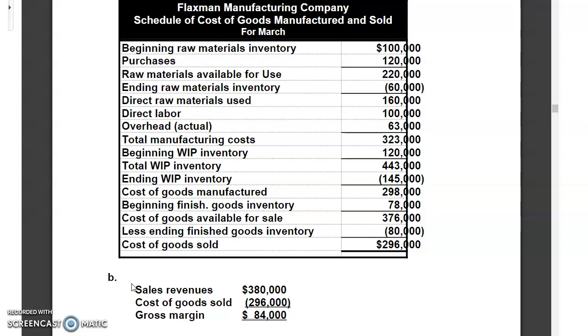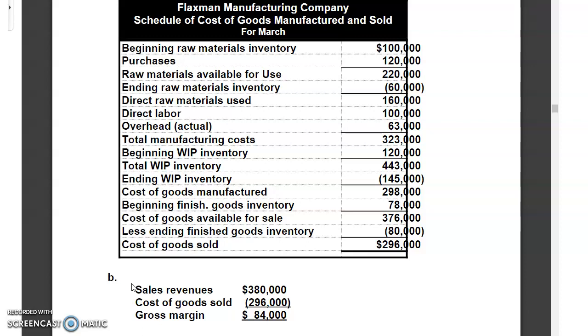So we add in the direct materials used, we add in the direct labor, we add in the overhead to get the total manufacturing costs. This is how much costs we actually incurred during this time.